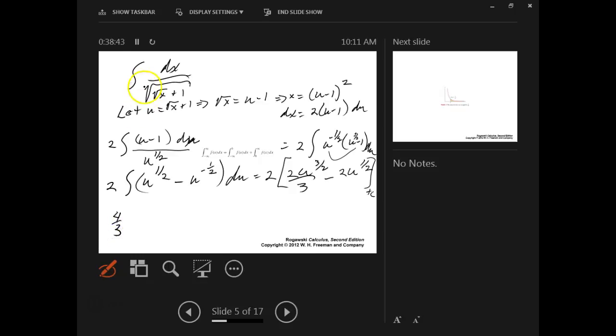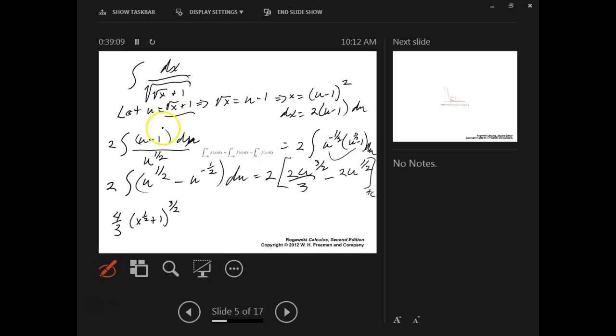u is square root of x plus 1. So I want to write that as x to the 1/2 plus 1. Is that okay? I just don't like radicals that much. To the 3/2 power, right?